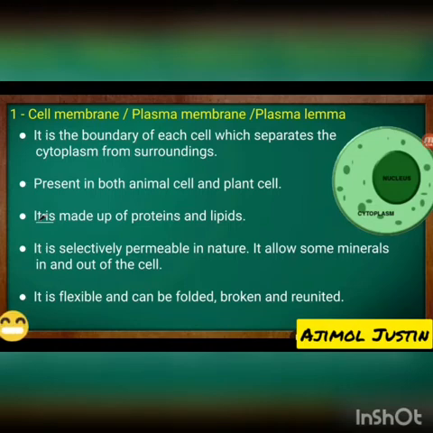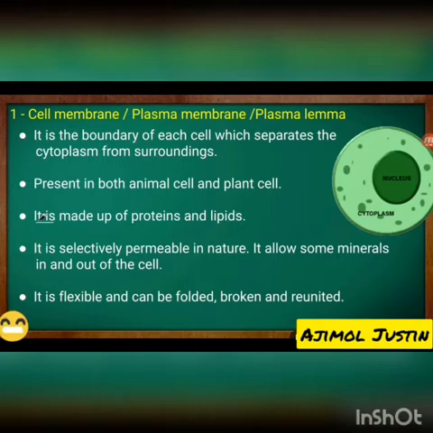What do you mean by selectively permeable? What do you mean by permeable? Permeable means it allows movement across the cell. That means some particular substances can move across the cell from inside to outside. But selectively permeable means only certain substances can move out or certain substances can only move in.